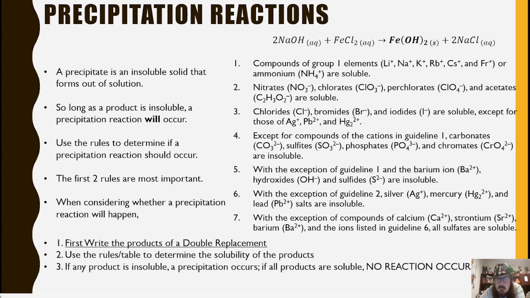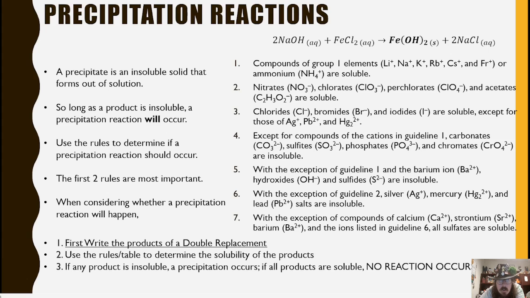Ammonium and any of those elements, any compound will also always be soluble. So it doesn't matter whether it's ammonium chloride, ammonium phosphate, or ammonium chromate, it's always soluble. So sodium hydroxide and sodium chloride are already soluble because of the sodium.